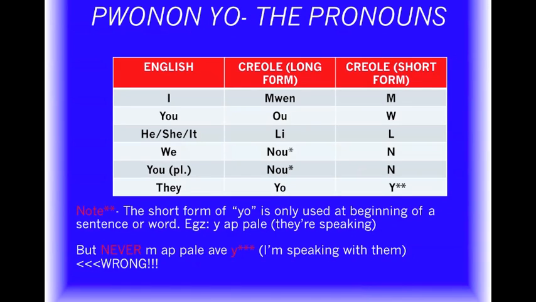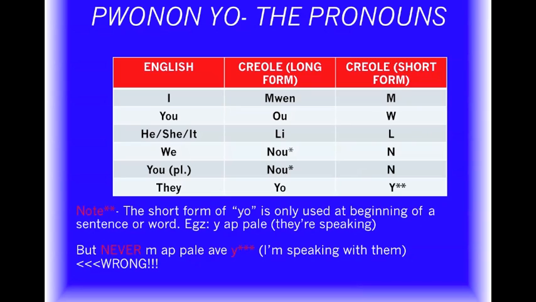So now we're talking about the pronouns. In English, we have I, you, he, she, and it, we, you plural, or y'all in the South, and they. So in Creole, we actually have two forms for each of the subject pronouns.